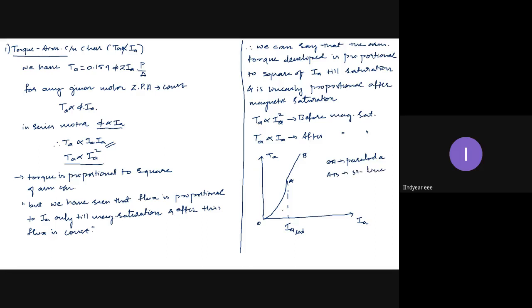It is square, then linear relation. Any doubt so far?